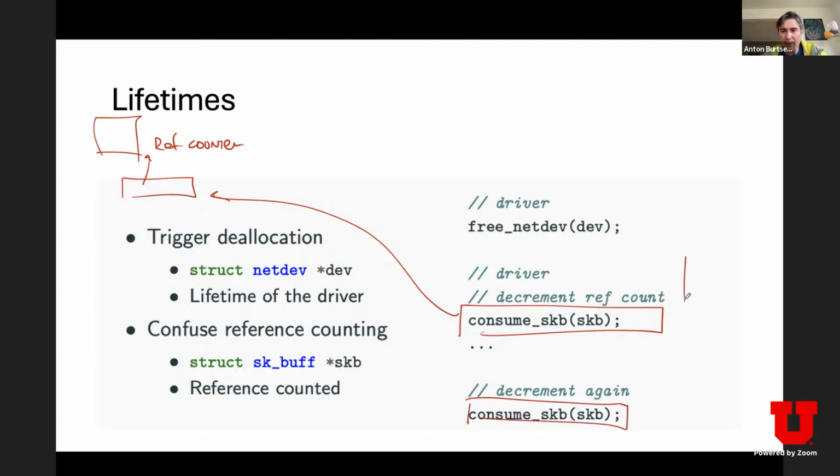Because it found a bug in the driver code, which loops and decrements the counter twice on the same SKB. Obviously, this SKB gets deallocated, but the kernel still holds a pointer to it because originally it incremented the counter as well, assuming that the SKB will stay alive for as long as the kernel doesn't decrement the counter. The kernel accesses deallocated memory, and it's a use-after-free attack.